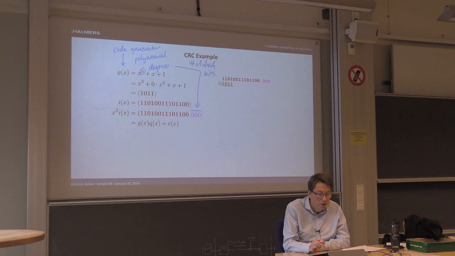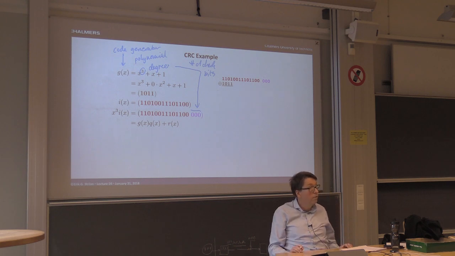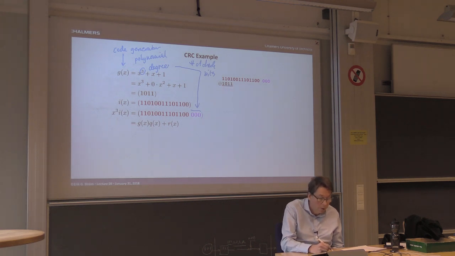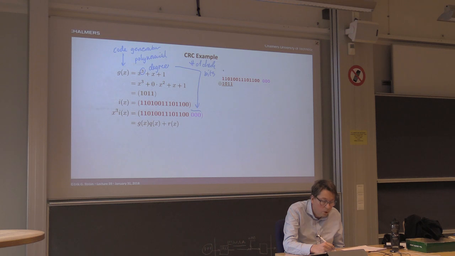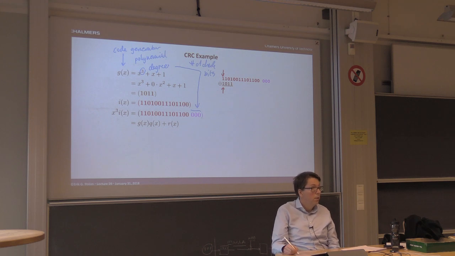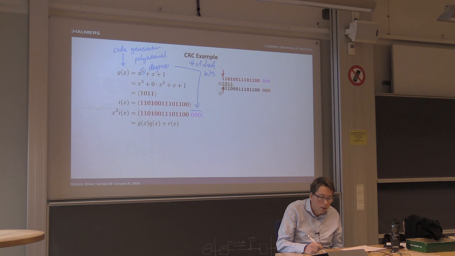So long division is that we start to the left, and then put in G here, and we line up the first one in the pattern here with the first one of this pattern here. And then we just add these together. Okay, so that's the first step in long division.